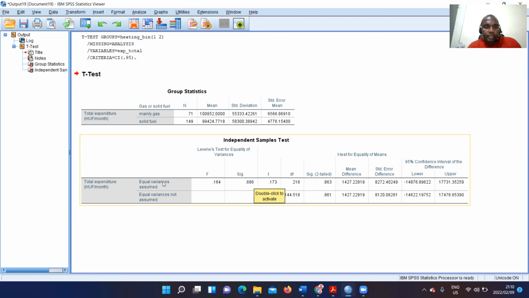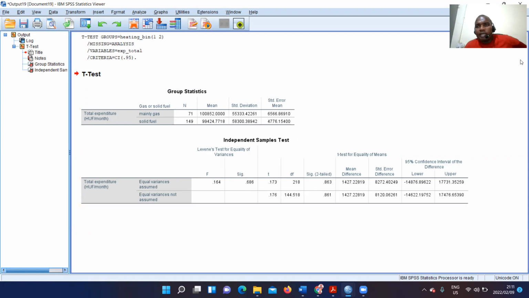So it means we fail to reject the null hypothesis and conclude that total expenditure on gas and solid fuel is the same, and that total expenditure on both is not independent. If one spends more on gas, it implies spending less on solid fuel. So these two subsamples are not independent. So that's what we can deduce.